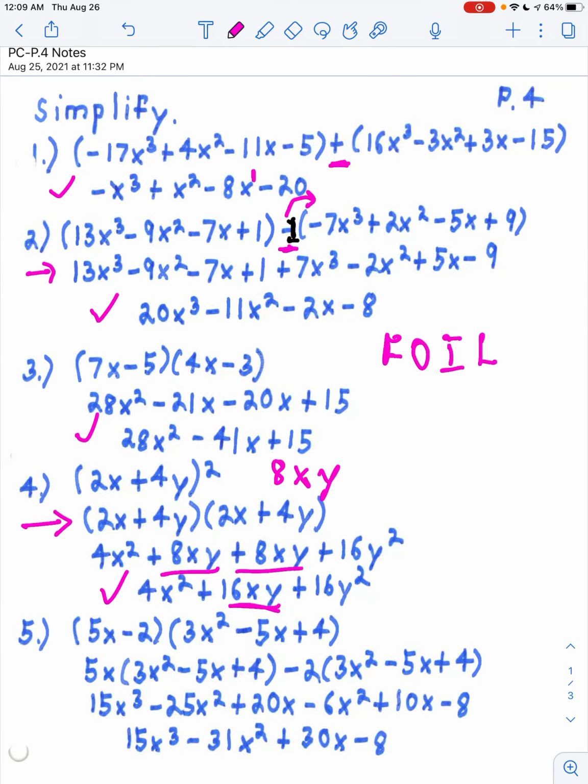Example 5, a binomial times a trinomial. Well, you have to distribute the terms in the first quantity times the second quantity.